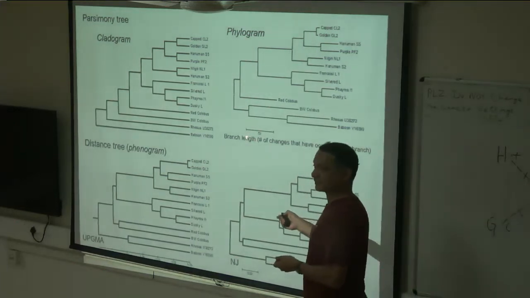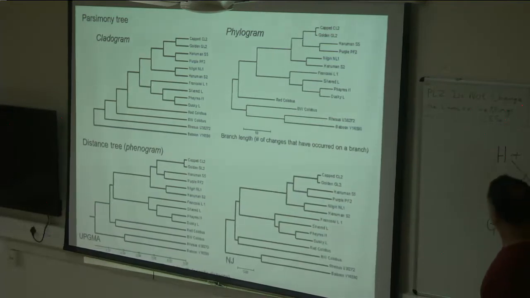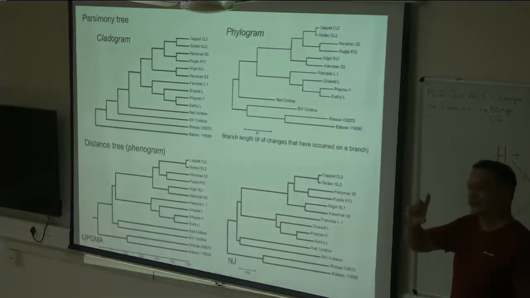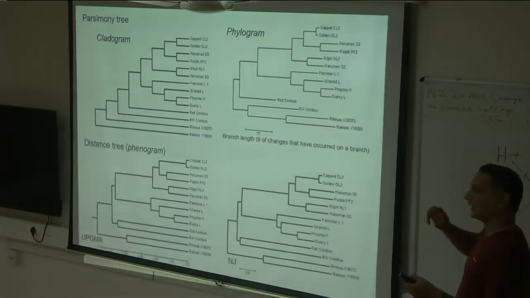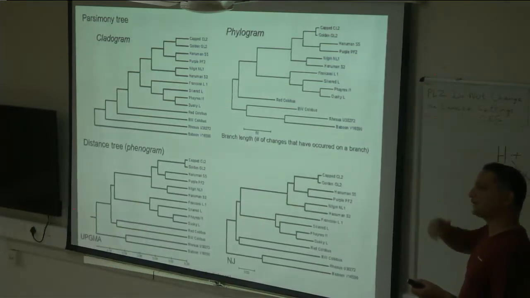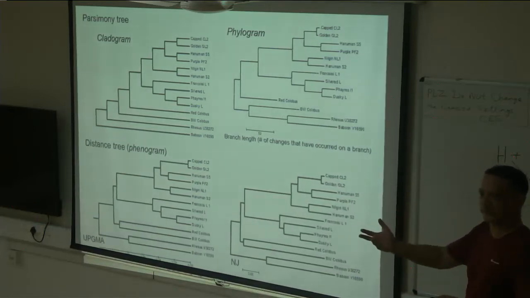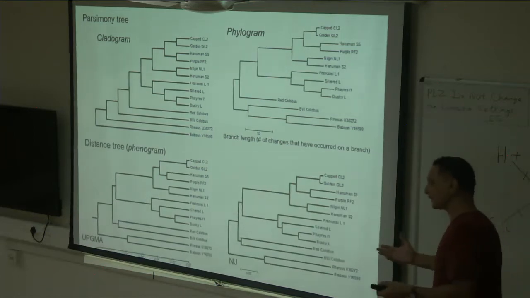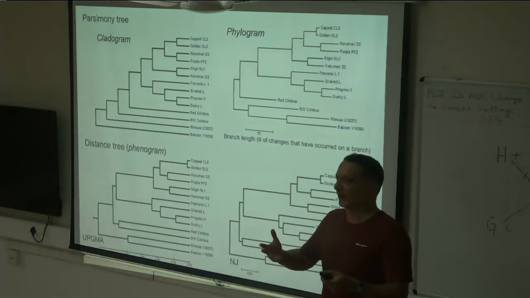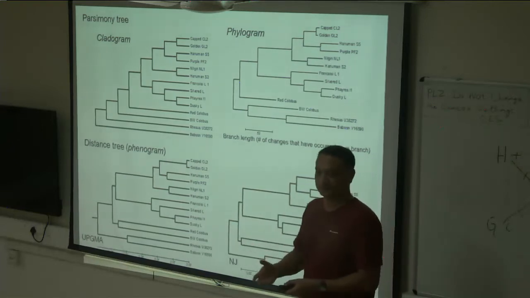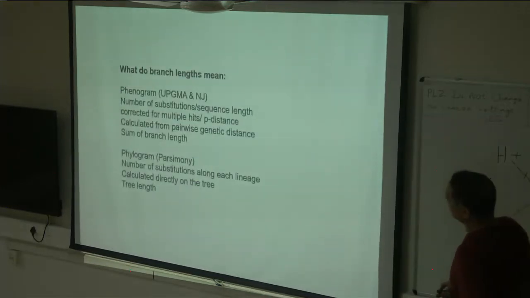This is actual substitutions, and for each character we have mapped it onto the tree, and what kinds of changes have taken place. We are consciously aware of it while we are doing that. Whereas in the distance-based tree building method, all those variations are reduced to a number. Right? Okay. Let us move on.